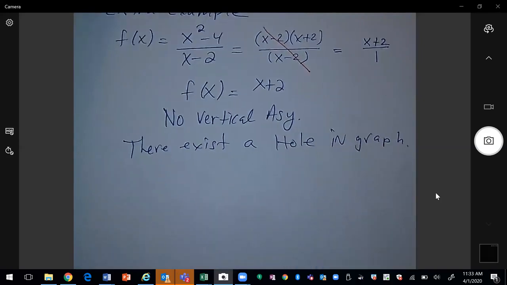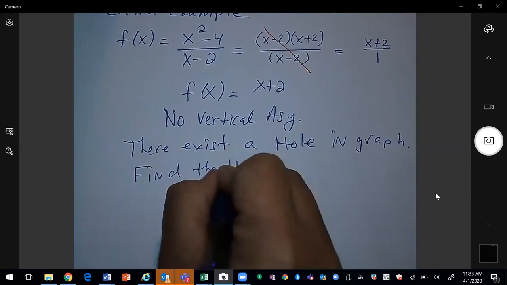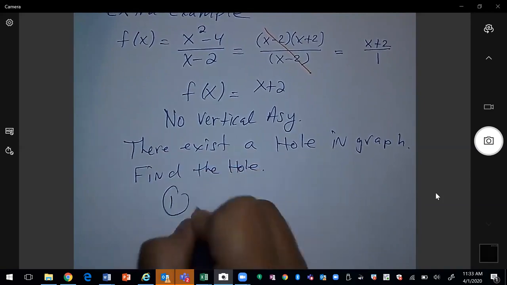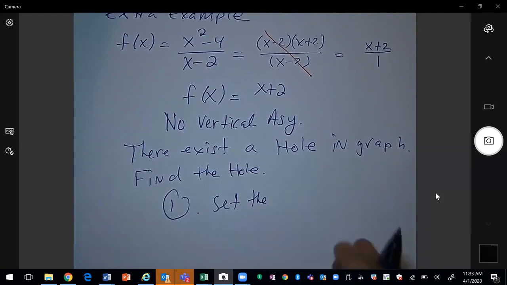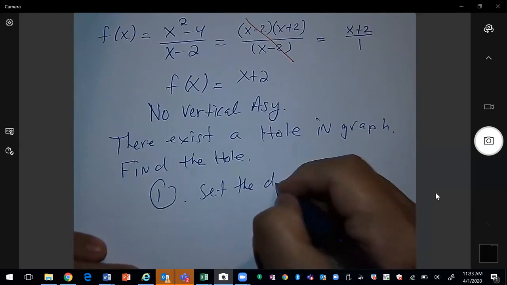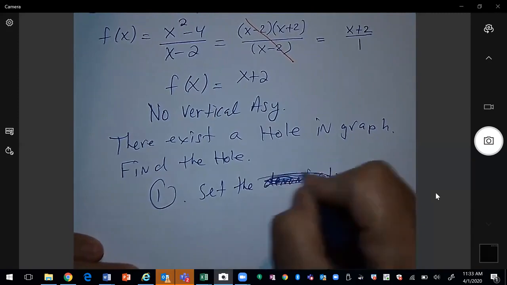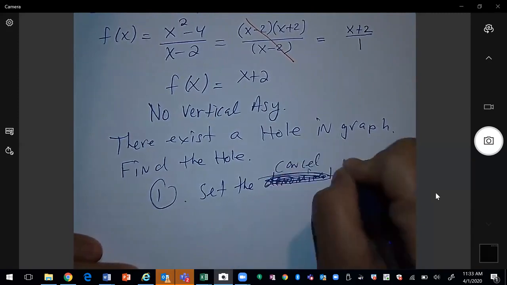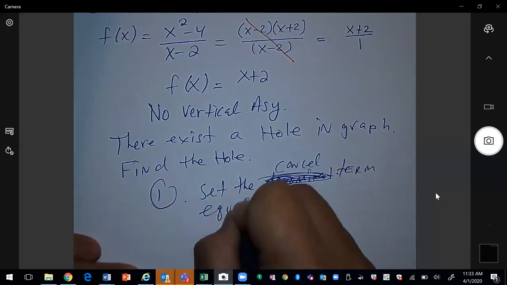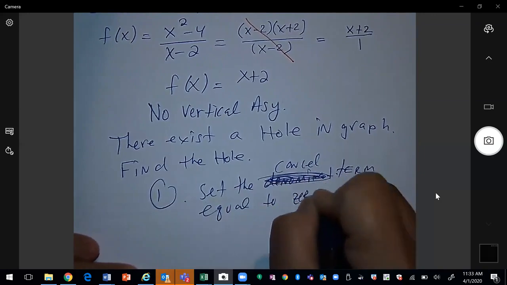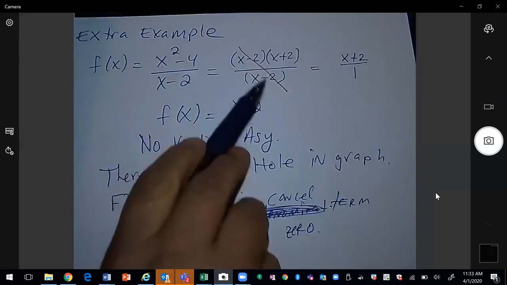Okay, and so to find it, we do the following. Number 1, set the canceled term equal to 0. So our canceled term here was the one that we scratched out over here.